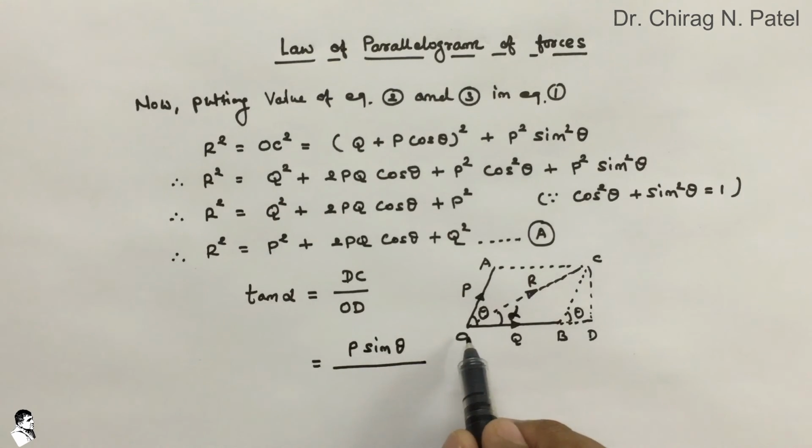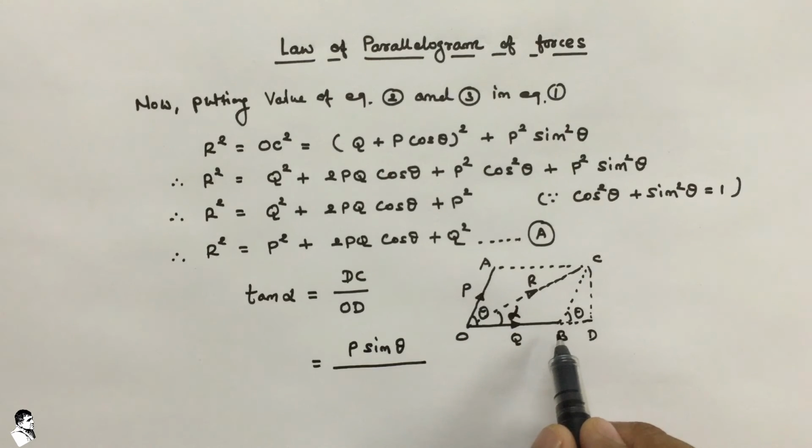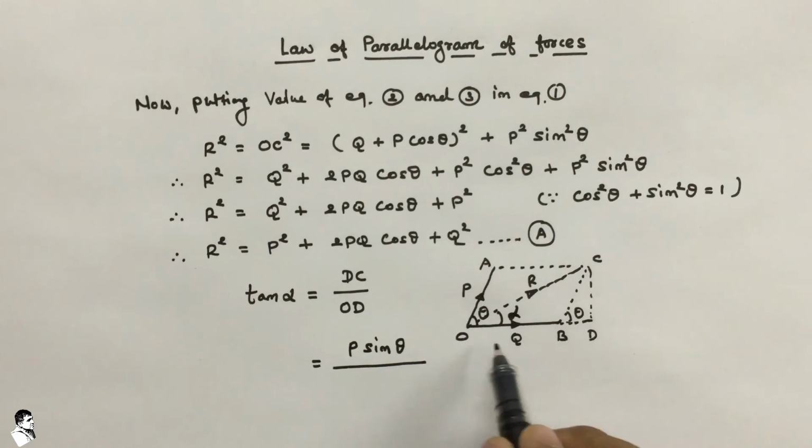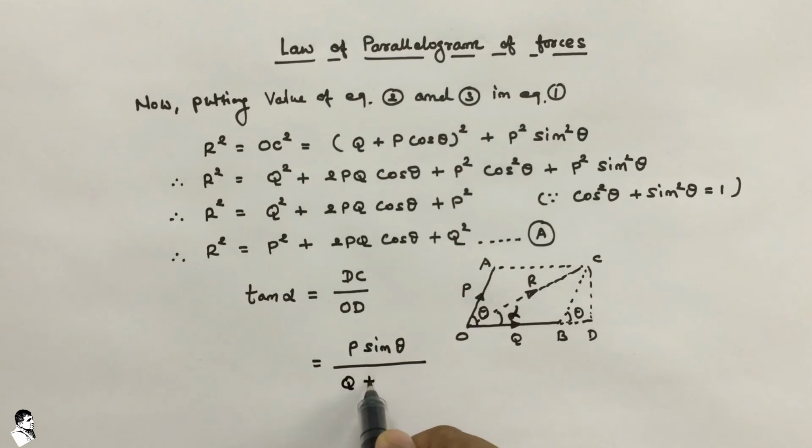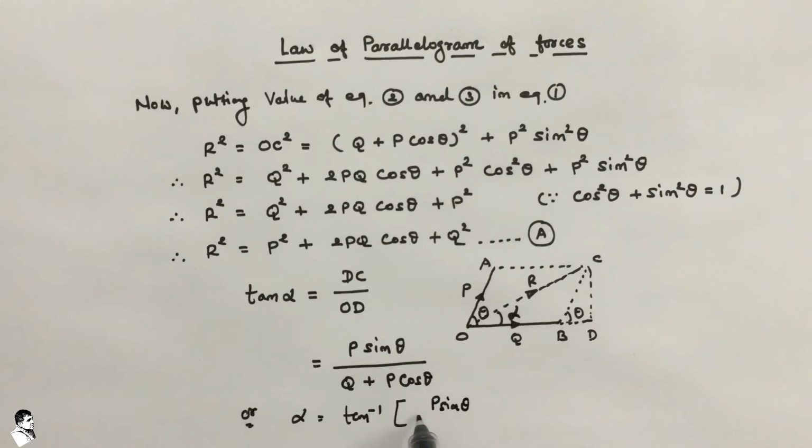That is first OB plus BD, so OB is Q plus BD is P cos theta. Or you can write alpha is equal to tan inverse of P sin theta divided by Q plus P cos theta, and that is the equation for the angle alpha.